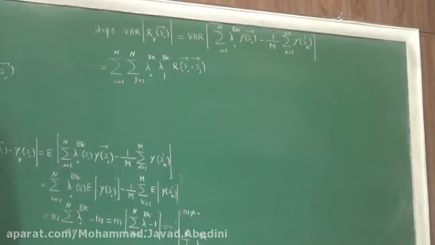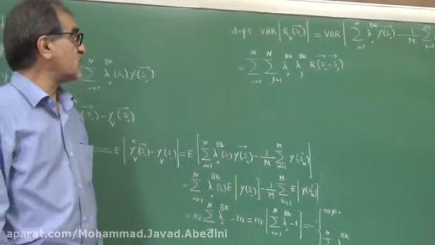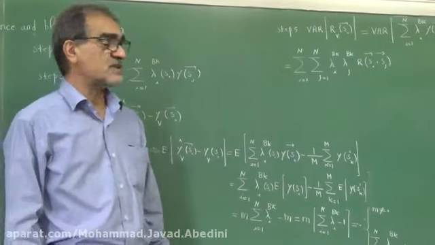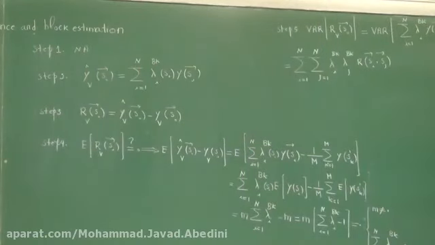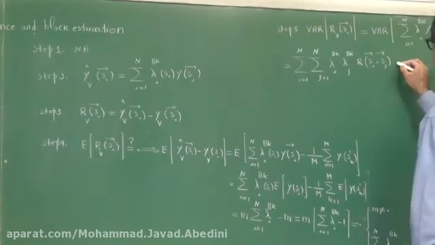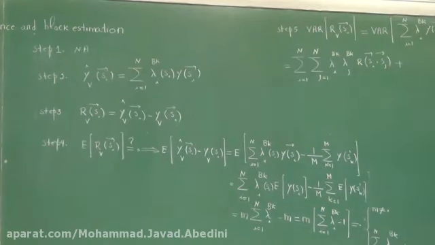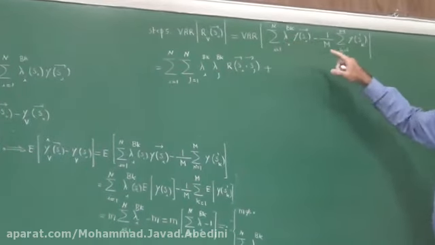And now, what would be the variance of the second term? What you need to do is bring this inside, and then this is a linear combination, just like this. Instead of lambda, you have 1 over n.